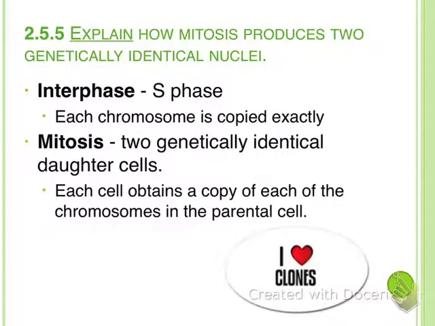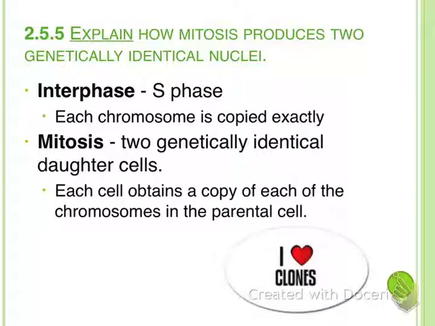So we are going to move on to the next assessment statement, 2.5.5, which asks us to explain how mitosis produces 2 genetically identical nuclei. The process of mitosis is going to be the details, the mechanics of how this is accomplished. But what this is asking more about is what parts of the process ensure that these nuclei are in fact identical. So we've got a couple phases here to discuss.